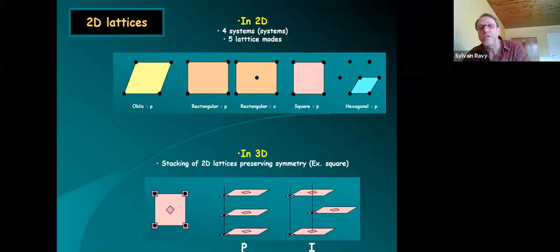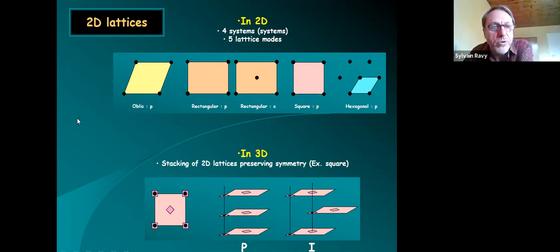So then you can try to find the possible 2D and 3D lattices. So in 2D, we have only 5 possible lattices, so-called oblique, rectangular, 2 types, centered and not centered, a square, and a hexagonal. And then if you want to construct all the lattices in 3D, you have to pile up all these 2D, and there are different ways to do that.